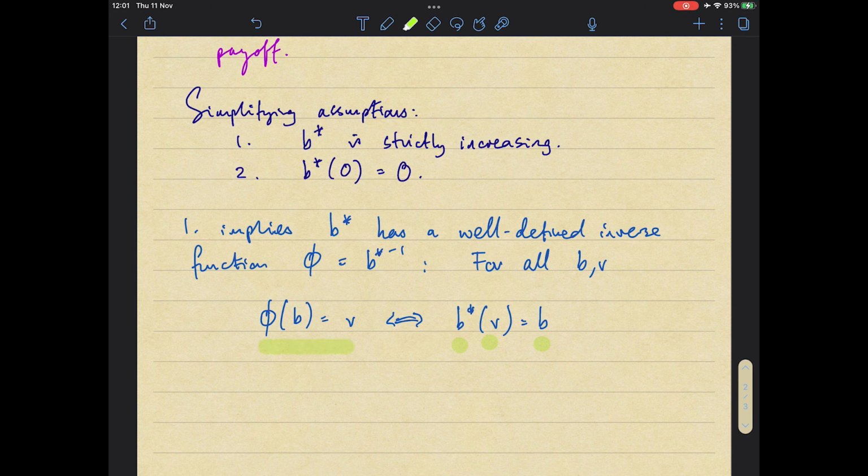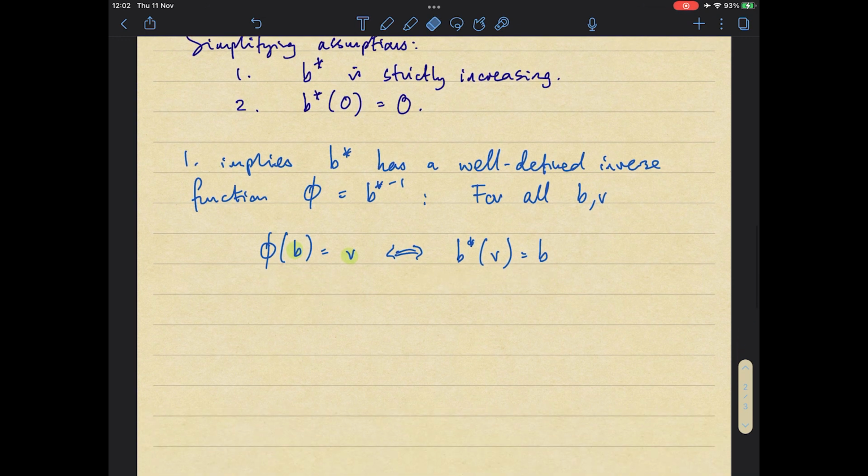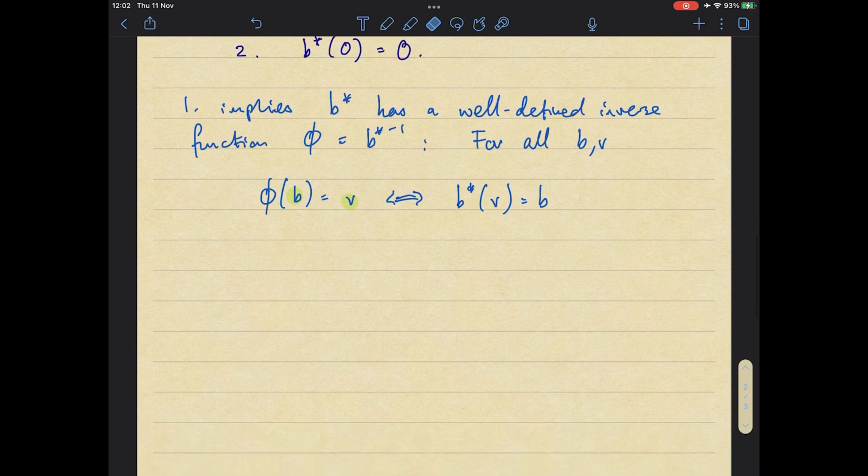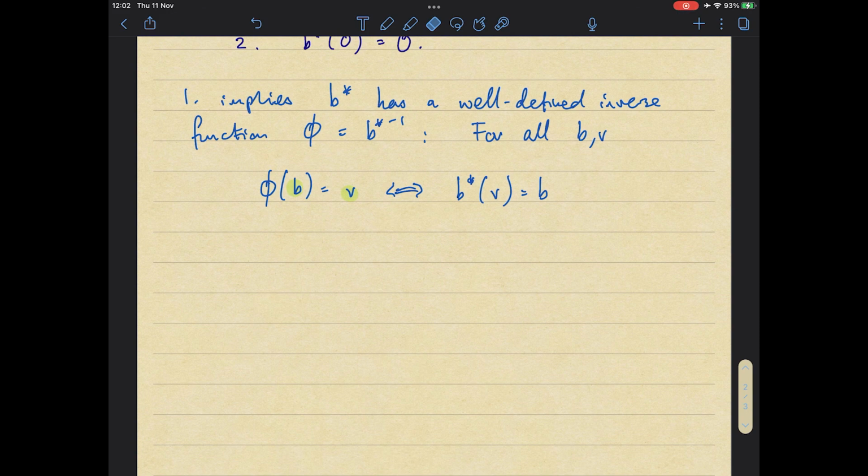It's saying the person who bids B in equilibrium has value phi of B, which is value V. Okay? So how much does a bidder who bids B in equilibrium value the object? That is phi of B. So it's the inverse function. And remember, this is the inverse of the equilibrium bidding function, not just any old function. Okay, so let's see why this is useful.